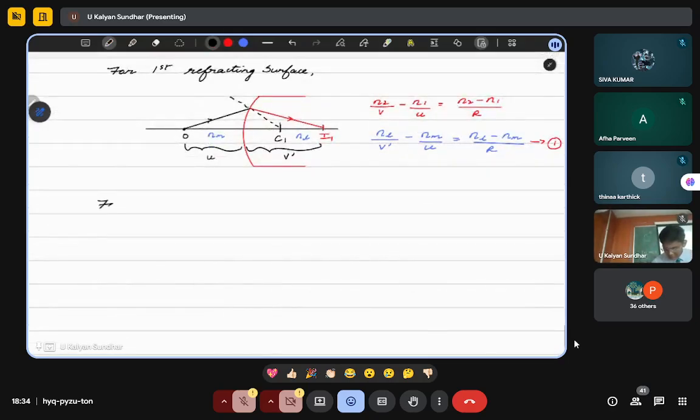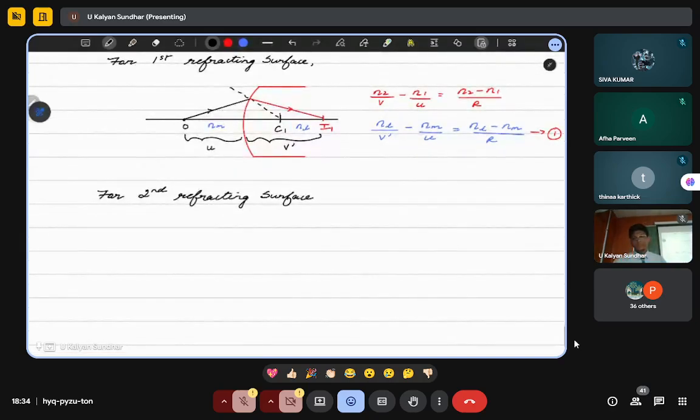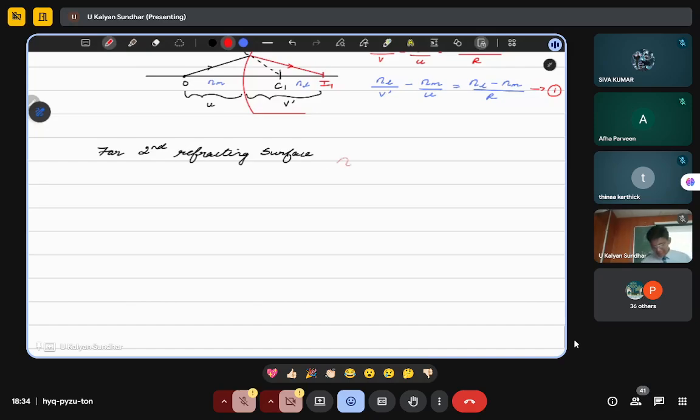Now, similarly for the second refracting surface. Second refracting surface, directly you tell me the equation, sir. What is the equation? இப்ப எங்க இருந்து எங்க வருது? From your lens, mediaத்துல இருந்து. So, wait.